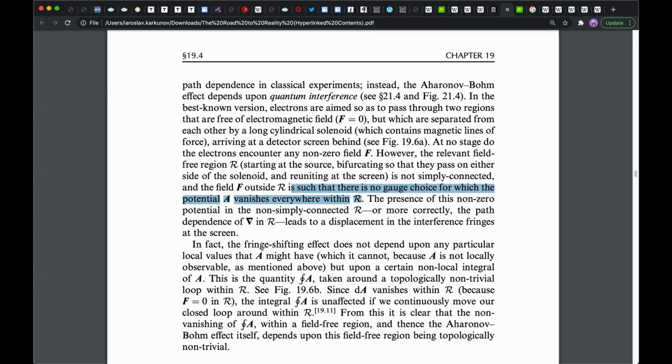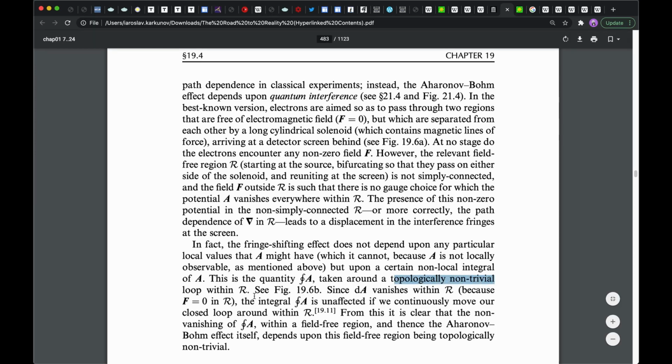And in fact, the fringe shifting effect does not depend upon any particular local values that A might have, which it cannot, because A is not locally observable, and we can measure only the differences of the potential, but upon a certain non-local integral of A. So it's like some kind of global, non-trivial thing here, because we will take that integral around some topologically non-trivial loop within R.